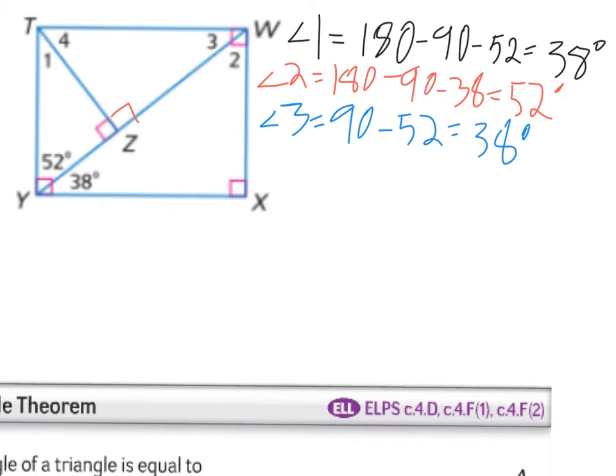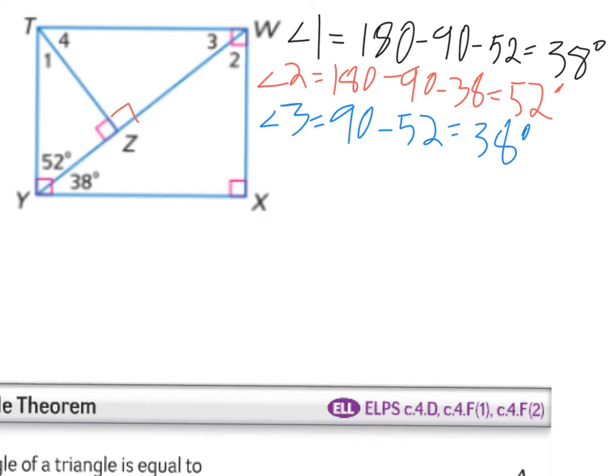And then you've got a couple different ways of figuring out angle 4. For starters, you have a right angle here, here, and here, but not marked here. Well, you have a right angle marked in 3 of the 4 corners of this rectangle. So at this point, it's safe to assume that all 4 angles are going to be right angles, because there's no way this can not be a right angle with the other 3 being right angles.